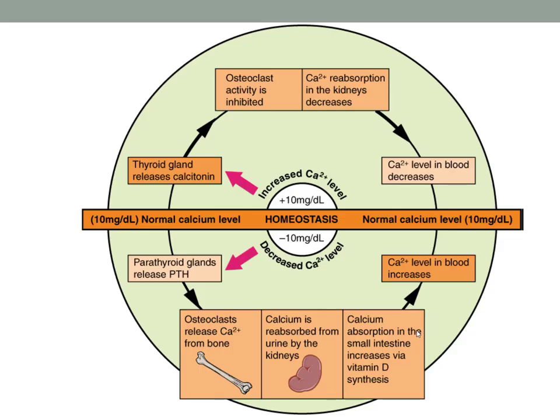So this diagram is in your book, and this just puts into picture form what I was just explaining to you. So if you're a visual learner, this may make more sense to you. The top part of this is what happens with increased calcium levels or hypercalcemia. The bottom part is what happens during hypocalcemia or decreased calcium levels.